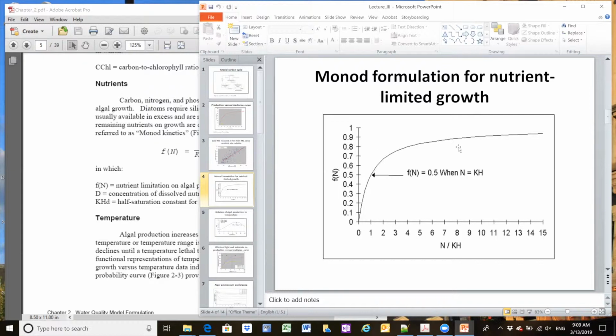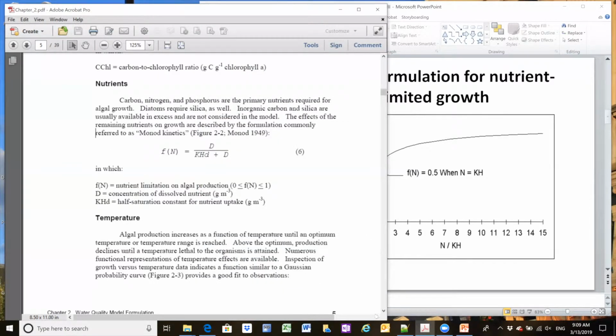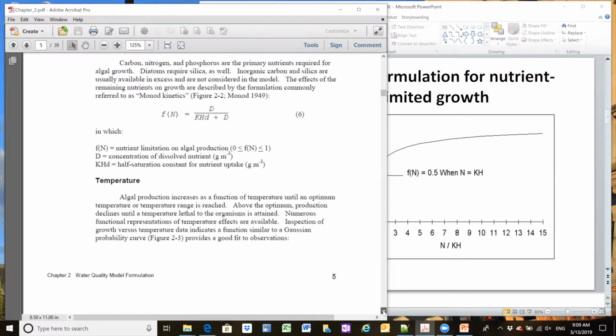When the nutrient concentration is very small compared to the half saturation, then growth starts diminishing, becomes nutrient limited. We have to combine, well, the other one is temperature. I think that'll be the next zap.